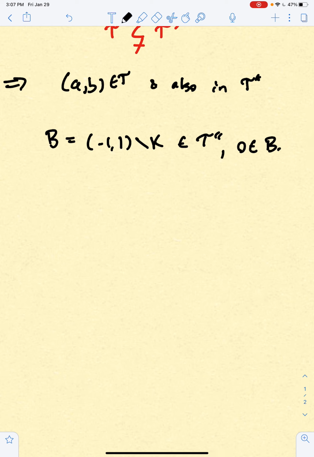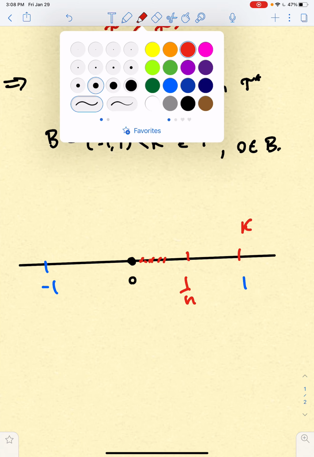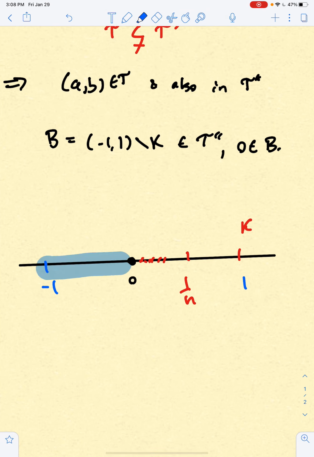So maybe I'll draw this, see what's going on. Here's 0. Here's the set K, the sequence 1 over n. Let's do blue: -1, and this is 1.